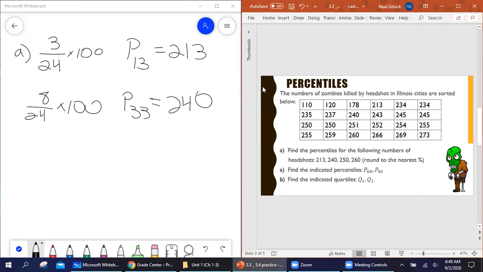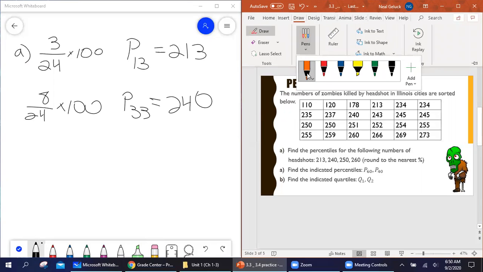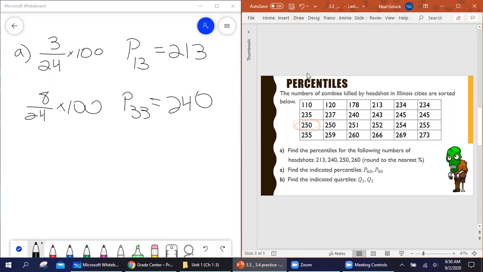For 250, now notice that 250 is in there more than once. We go to the first time I see it. And if I count below that, there's 12. That will give me 50.